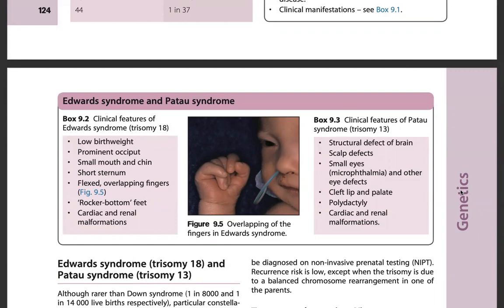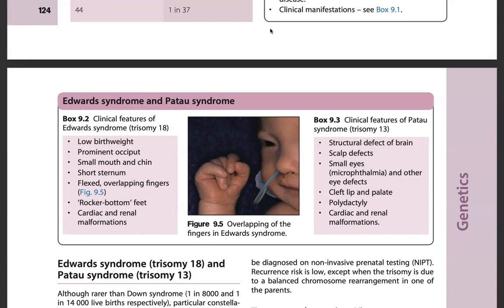Clinical features of Edwards syndrome, trisomy 18: low birth weight, prominent occiput, small mouth and chin, short sternum, flexed overlapping fingers as shown in the figure, rocker bottom feet, cardiac and renal malformations. As shown in the figure, overlapping fingers in Edwards syndrome.